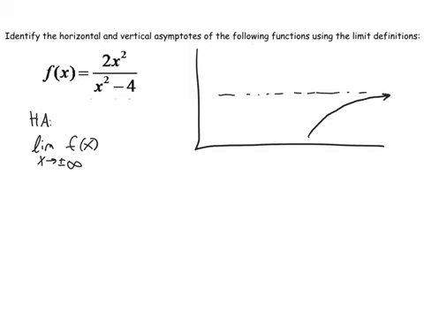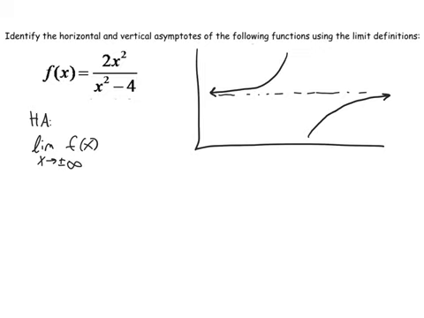This function might not look exactly like this, but this is one way you can approach a horizontal asymptote, or it can be going like this. And what ends up happening is, as x gets bigger and bigger, f of x, meaning y, gets closer and closer to the y value of that asymptote. Or as x gets smaller and smaller, meaning approaches negative infinity, the y value, f of x, approaches that asymptote.